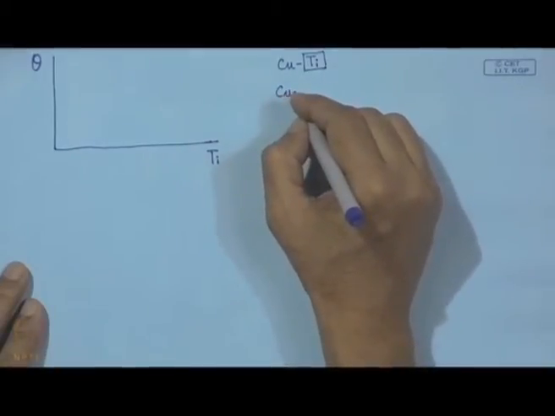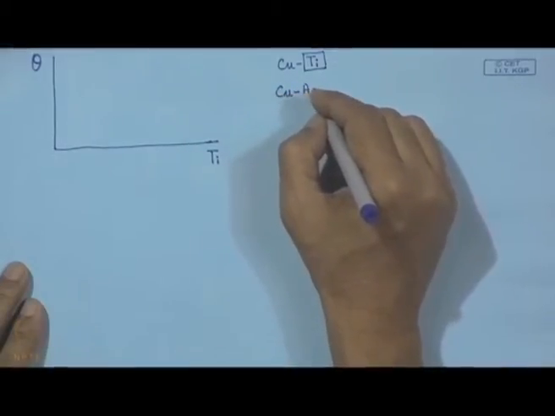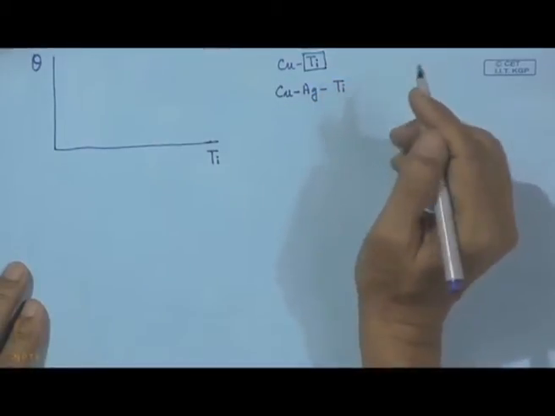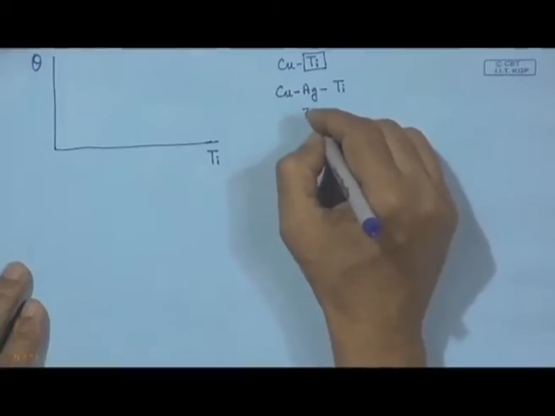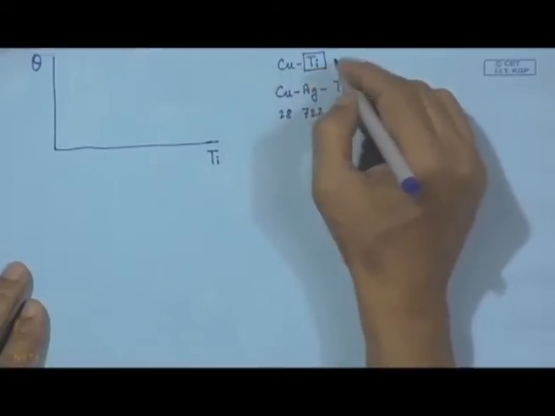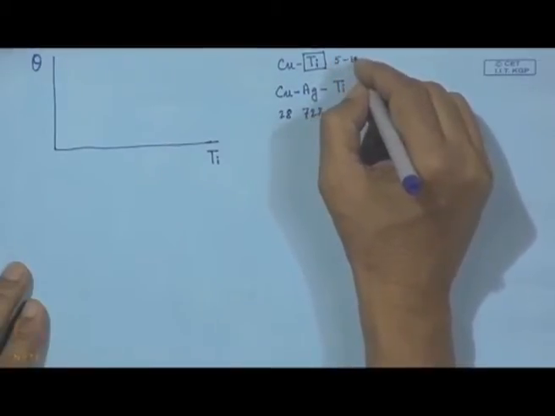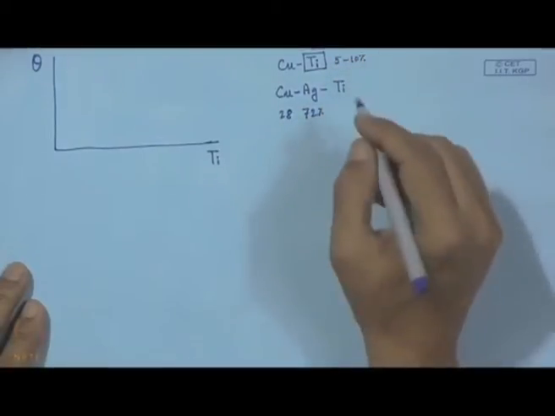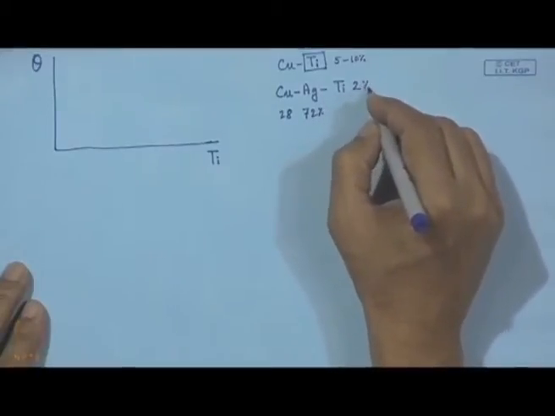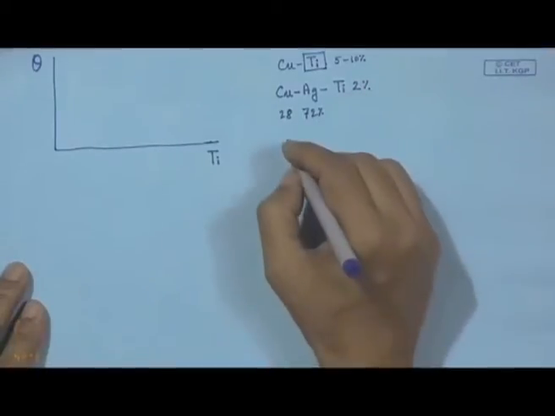But when it is copper and silver, which is the eutectic composition 72 and 28, it is about 5 to 10%, and with silver copper it can be just 2%.